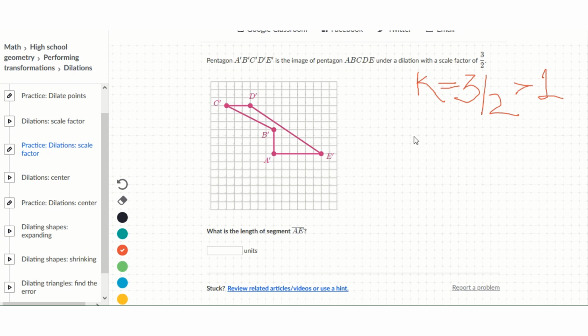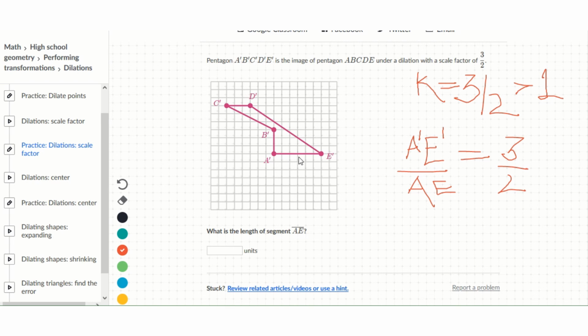Okay, so scale factor is new over old. That means it is A prime E prime, the new length, divided by AE. So this is the definition of scale factor, and this is already given to you. How much is this? This is equal to 3 by 2. So from here you can easily find AE. For that we need A prime E prime.